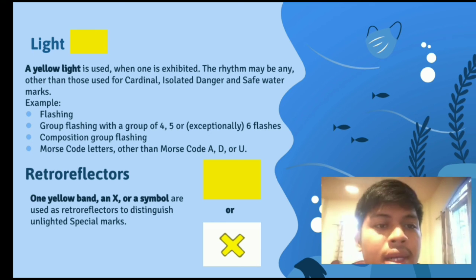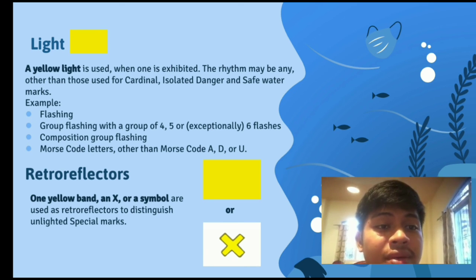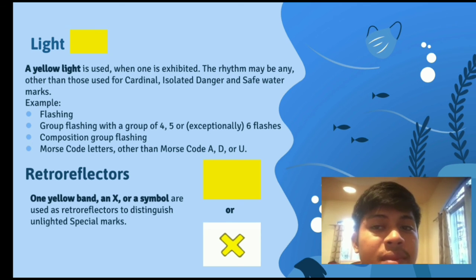One yellow band, an X, or a symbol is used as a reflector to distinguish unlighted special marks.